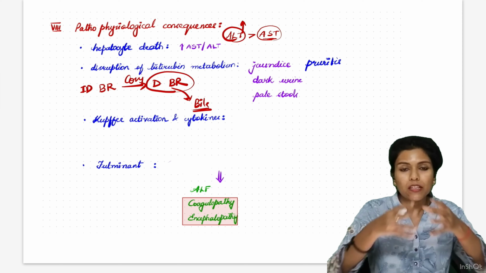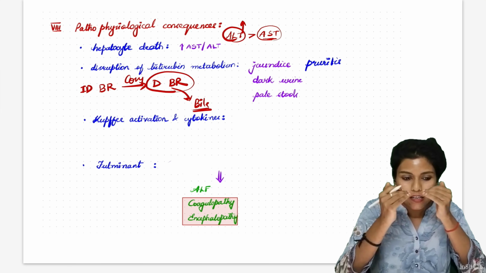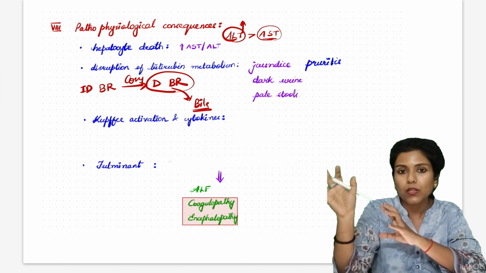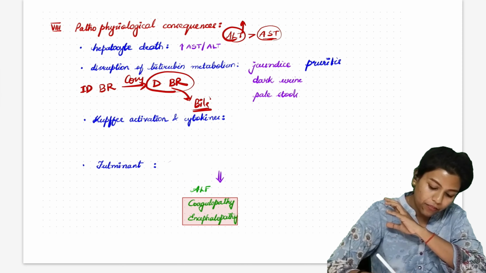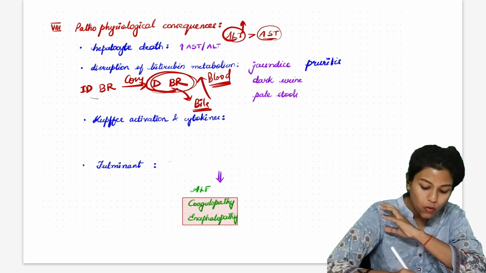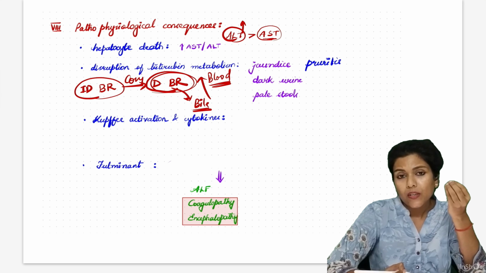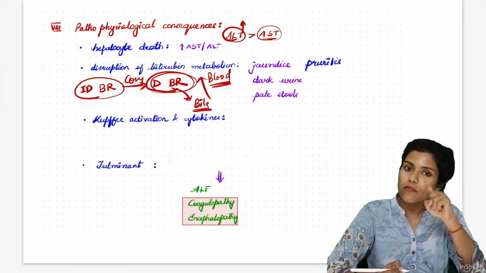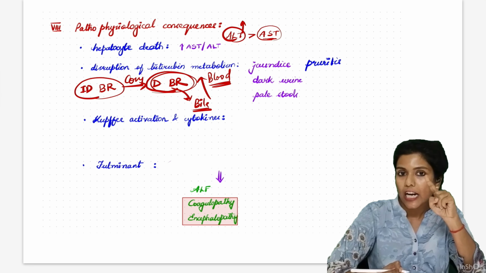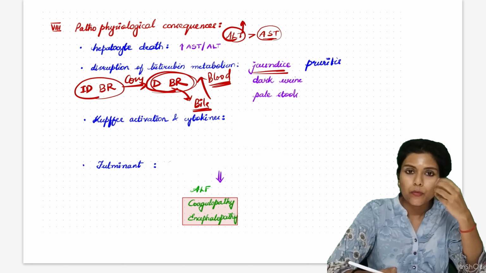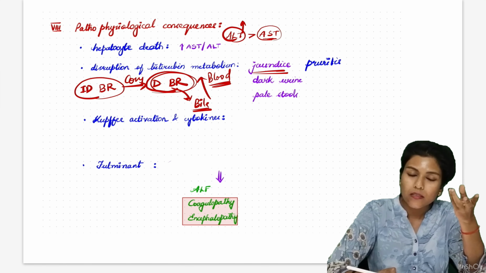Because of inflammation, there will be bile plugging, like an obstacle at the site of the biliary canaliculi. They cannot excrete into the bile properly, so it will backflow into the blood. Also, a few hepatocytes undergo necrosis, so there are not enough hepatocytes to conjugate. Therefore, indirect bilirubin also will rise. There is a pattern of mixed hyperbilirubinemia, because of which there is jaundice. So bilirubin presence in blood causes jaundice.